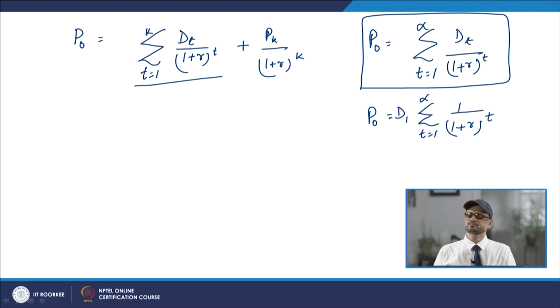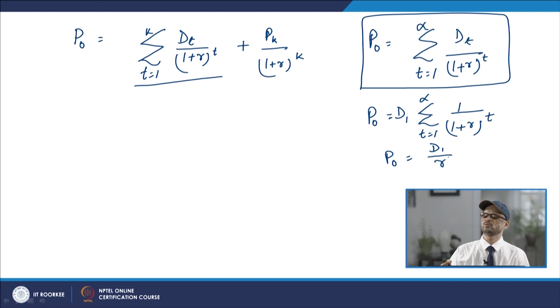If you look further, this is basically a geometrically infinite series, so you can get its value, and it will be 1 by r. So, basically you can write P naught will be d1 by r.